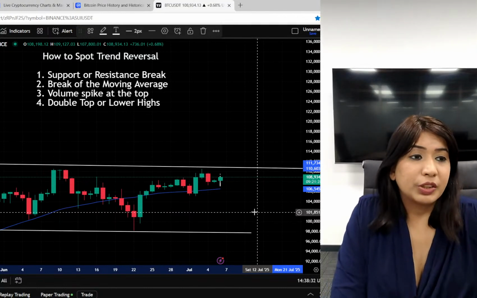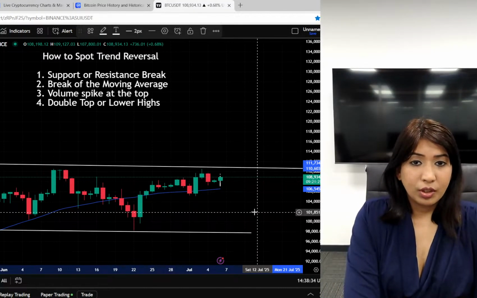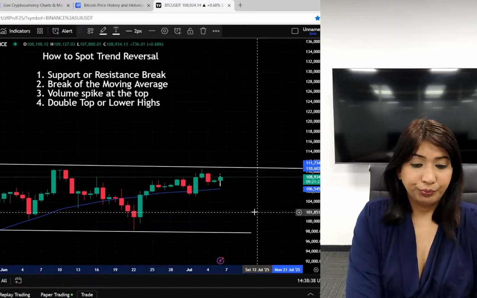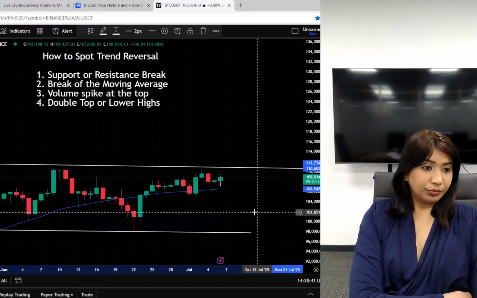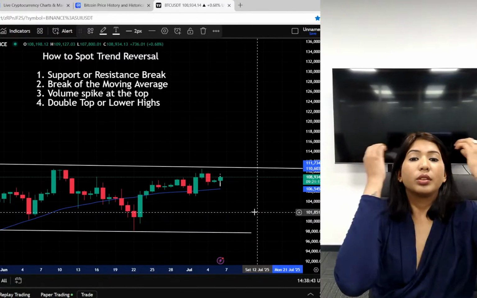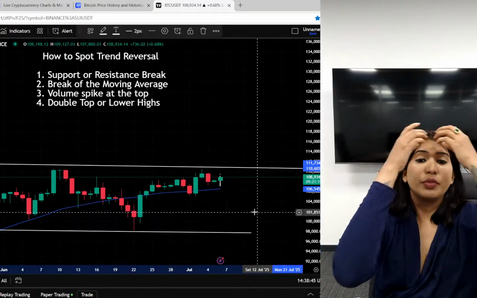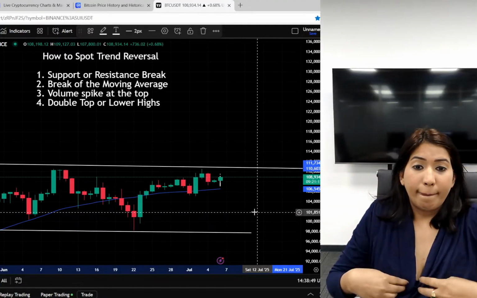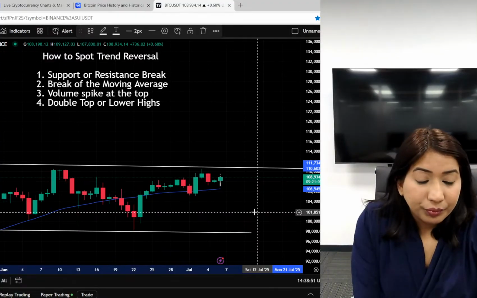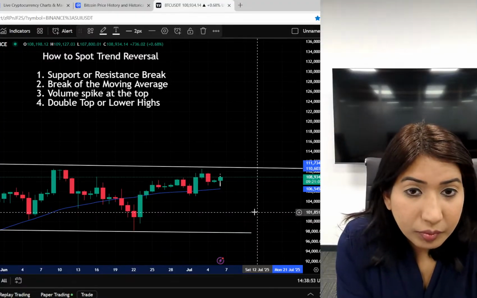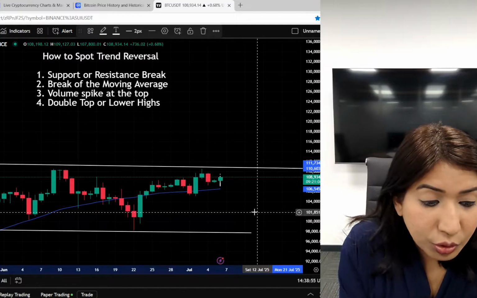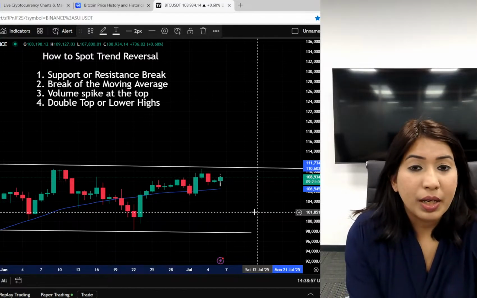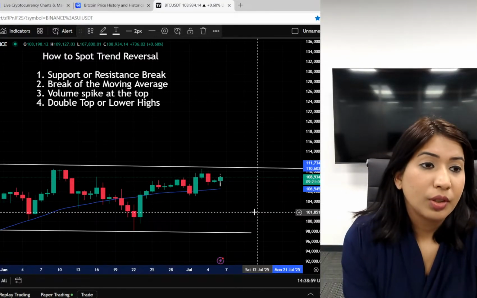So this is my simple moving average, and this is how the trend looks, how it is moving in the 50-day moving average period. So 110 is my 50-day moving average.